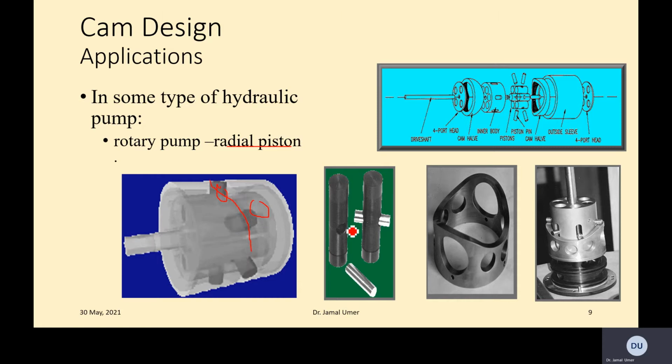So this is another example. This one shows a very good picture of the actual component. So you can imagine it goes downward and then opposite upward, and then it pushes the oil. So this is also when you want a continuous supply of oil.